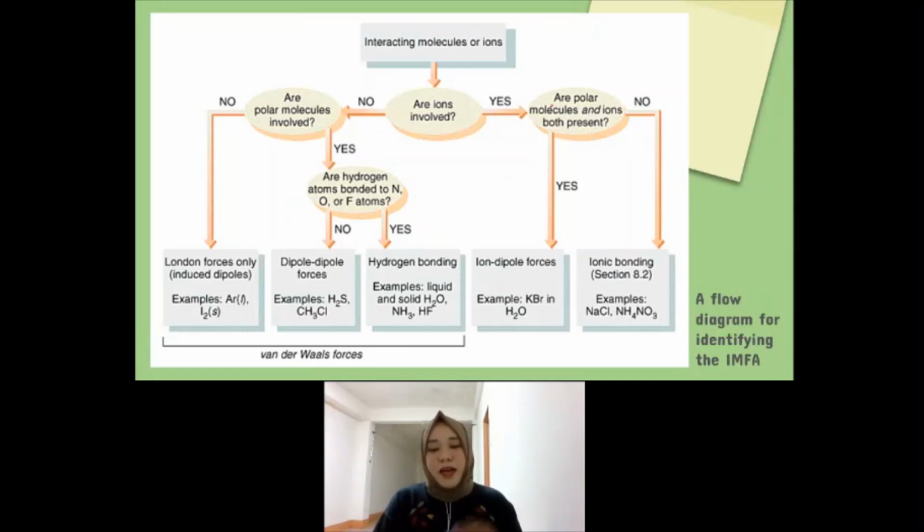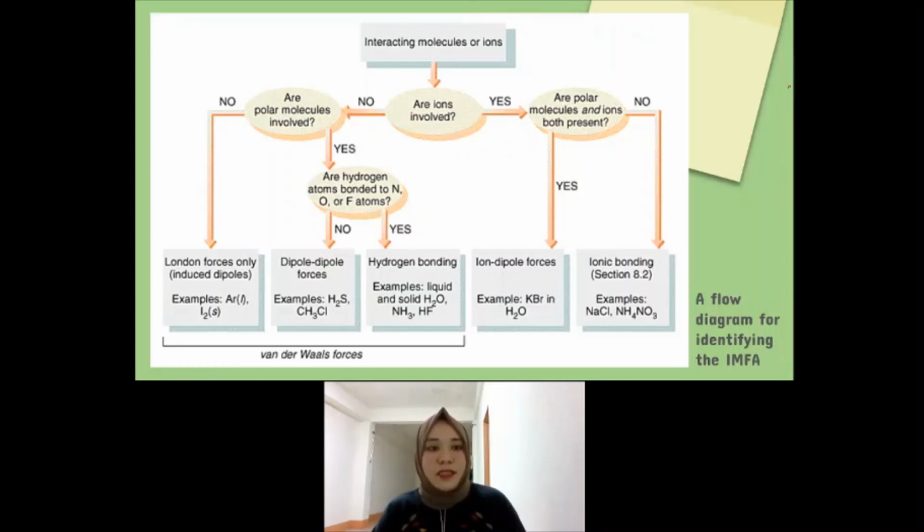Now, we have a flow diagram here. Actually, this is just an introduction. Okay, mubalik na po taani in the next lessons na ay another chapter na mubalik taani will be identifying the type of intermolecular forces of attraction that act upon these molecules. So, to give you a heads up, I'm giving you a copy of this diagram or flowchart. It's also in your lesson packet, so please study this.